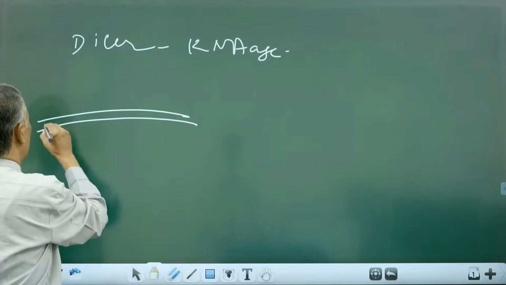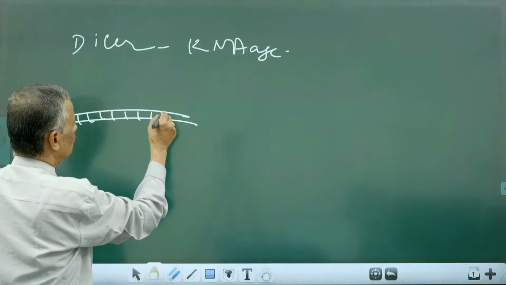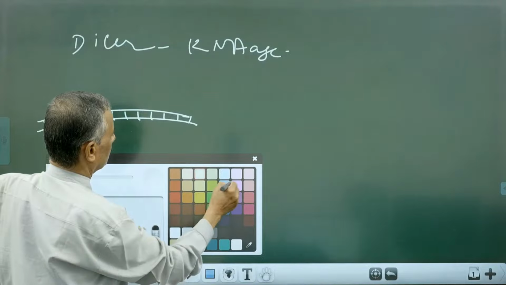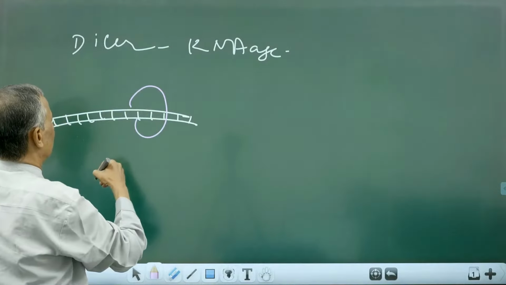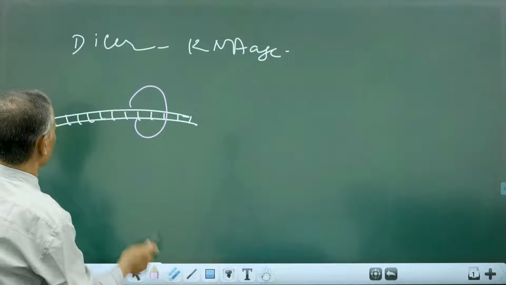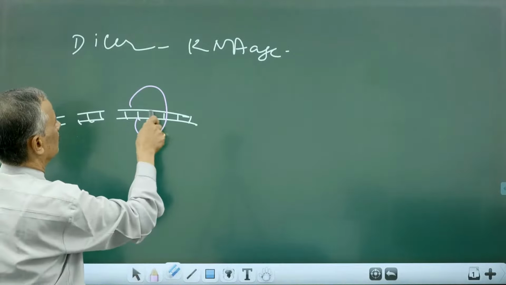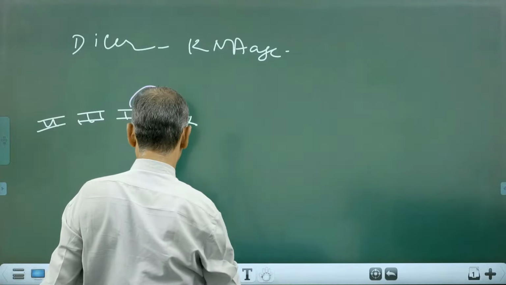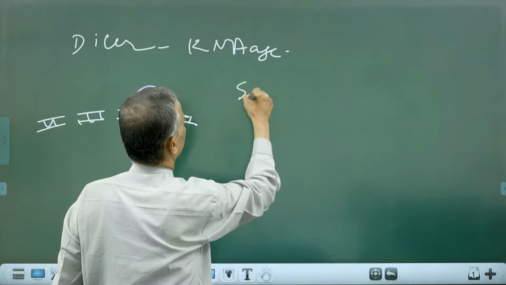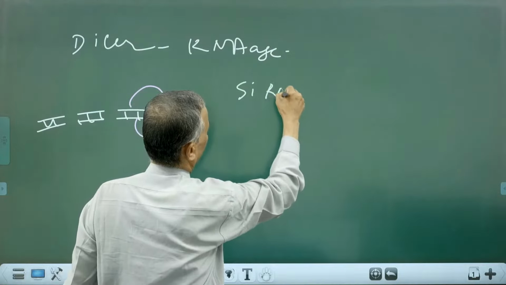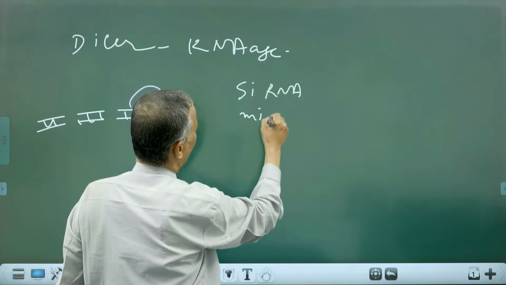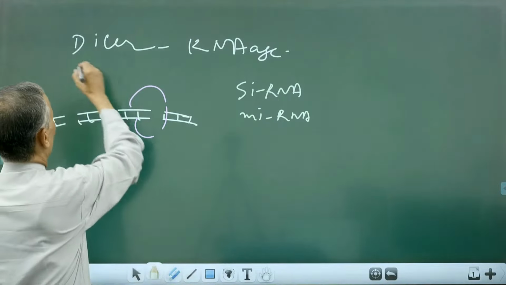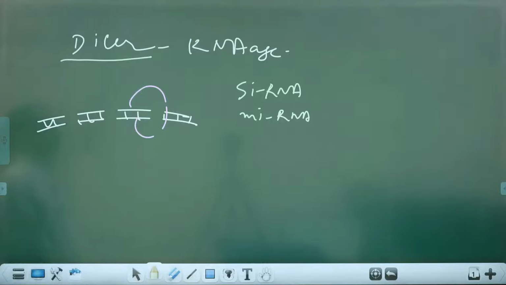That double-stranded RNA is cut into small pieces called siRNA or miRNA, small interfering RNA or micro RNA. So, this is number one protein that is involved. It is an enzyme, RNase.